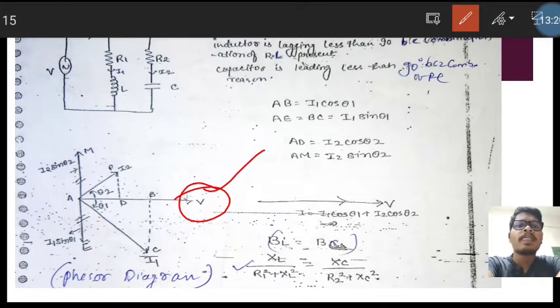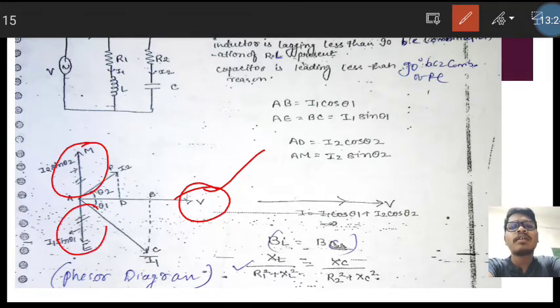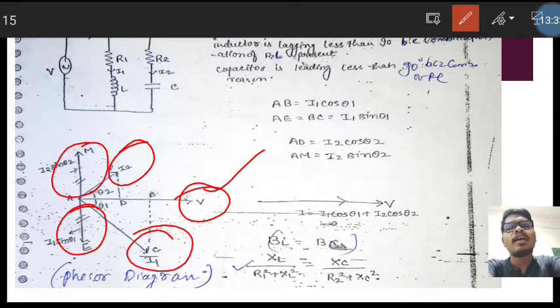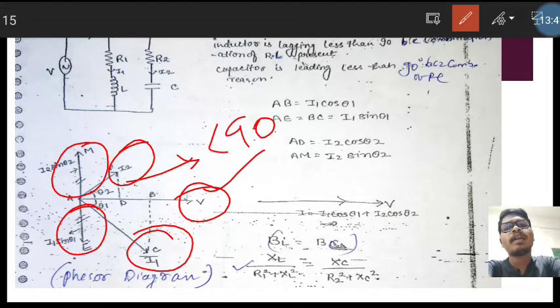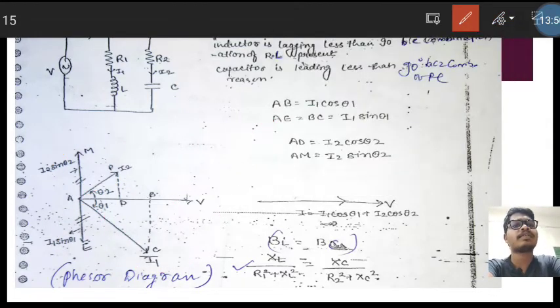This is the capacitive condition and this is the inductive condition. The capacitor current is I2 and the inductor current is I1. They are not exactly 90 degrees, they are less than 90 degrees; the angle is theta 2 here and theta 1 here.